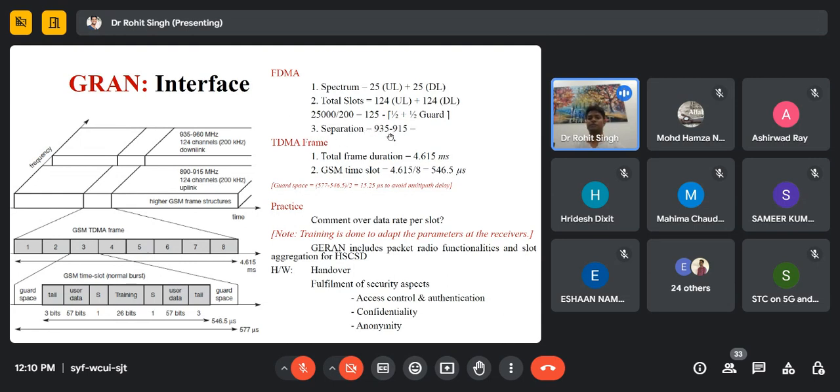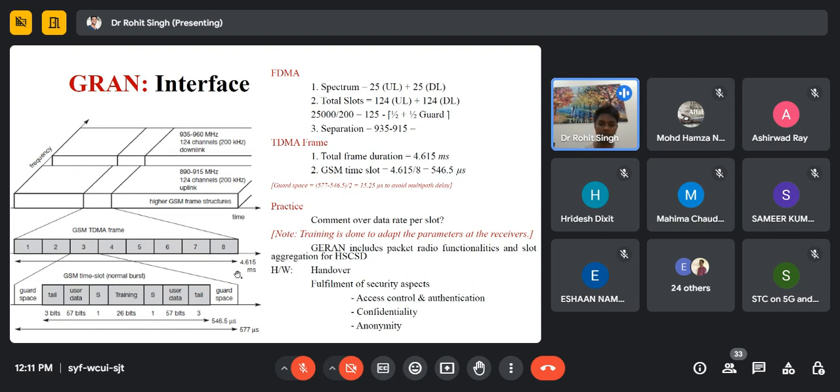You can make some other calculations as well. Total separation is 935 minus 915. And the frame duration, you can see here, is 4.615 milliseconds. This is the whole frame duration, which consists of 8 slots. And one slot duration is 4.615 divided by 8, which is equal to 576.9 microseconds. That means if you assign only one slot out of the available 8, in 4.615 milliseconds you are transmitting only 57 plus 57, that is 114 bits.